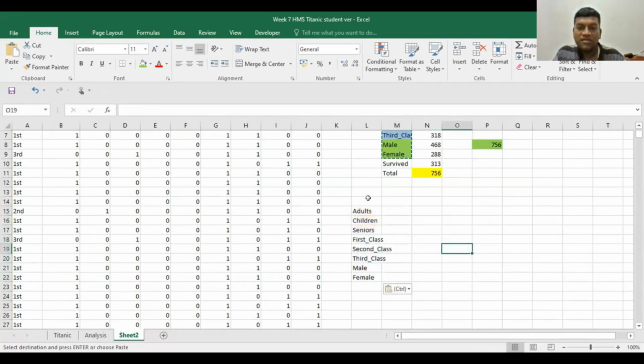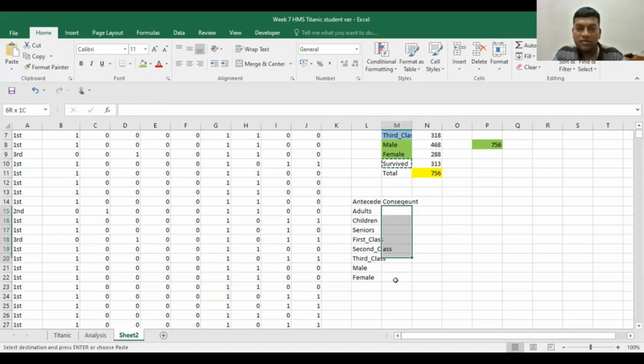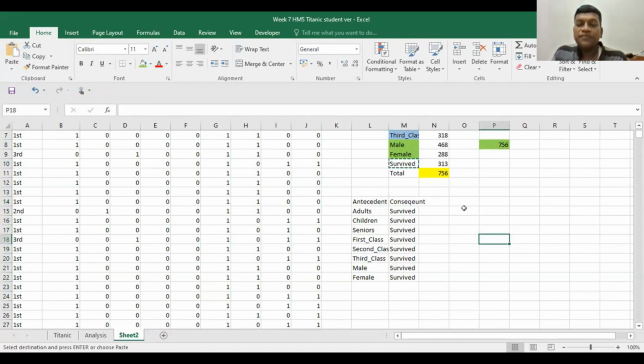This is my antecedent. And the consequent is that the person has survived. Control C, Control V. Okay. So this is the association we are trying to check.